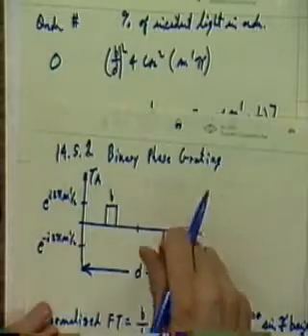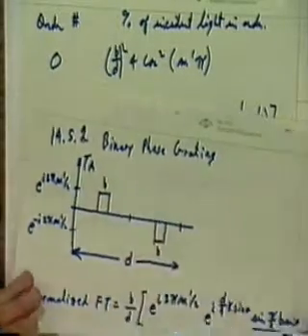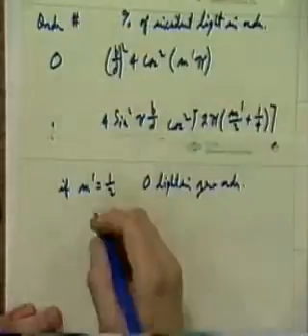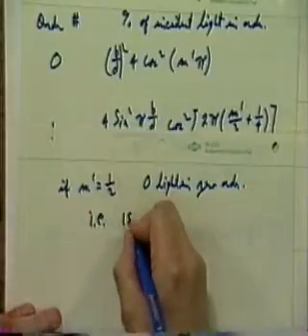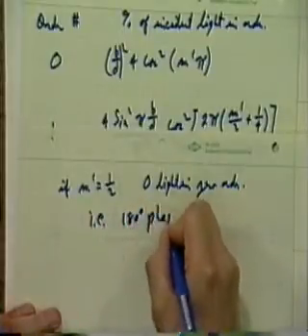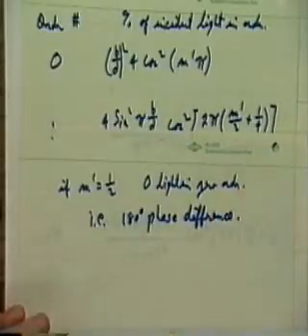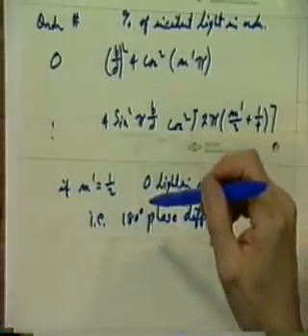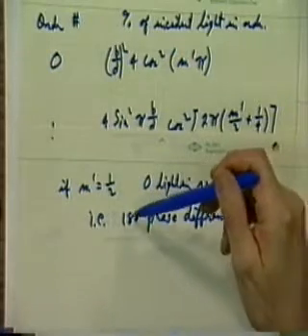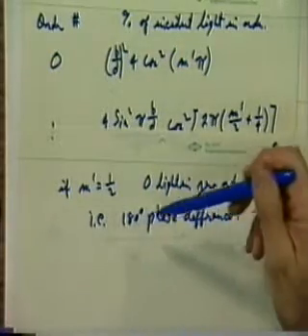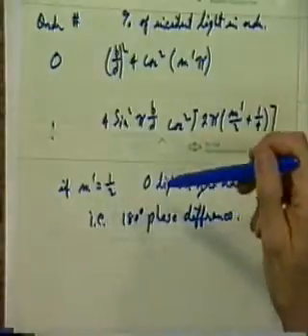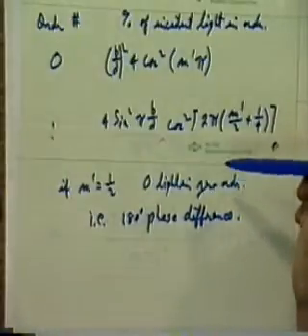So the light transmitted through these two apertures is out of phase by 180 degrees. The two apertures are the same size, and the light going through them is out of phase by 180 degrees. So we have 0 light in 0 order. That's kind of interesting.